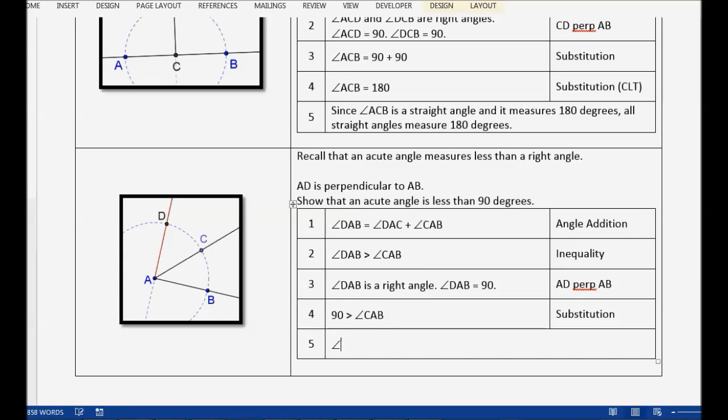Angle CAB is less than a right angle, so it is acute, and its measure is less than 90 degrees. So all acute angles are less than 90 degrees.